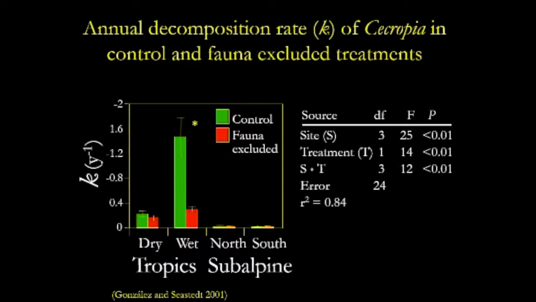The bars are green and red for the control, meaning that all the animals were getting into those bags, versus the fauna excluded treatment, where we excluded all the fauna from the sites. So you see there's a huge difference in terms of decay rates once we remove the fauna, particularly in this tropical wet forest.